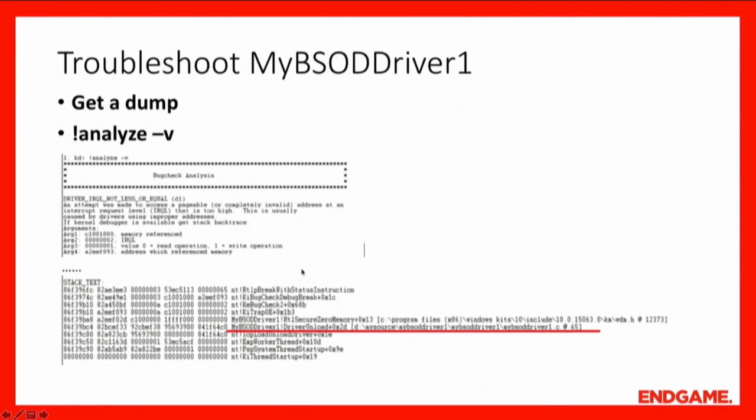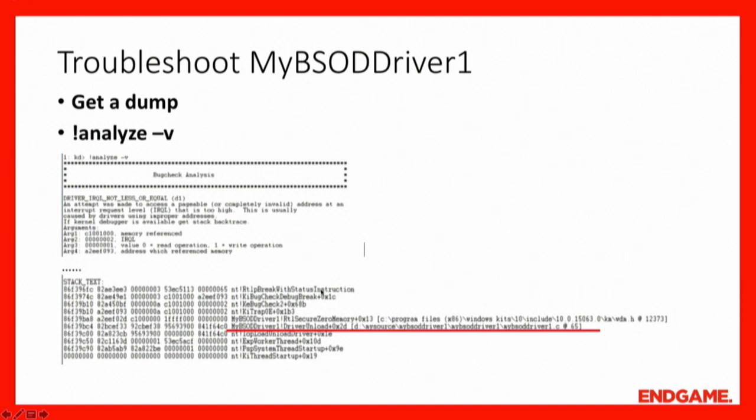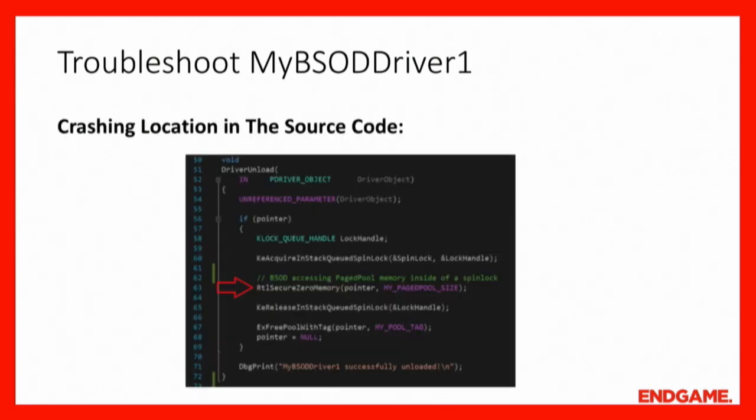Sometimes by running the command, you can already figure out the problem. For example, in my case, the red line already points at the crashing location in my source code, and I go back to the source code and find the line of code with the problem.